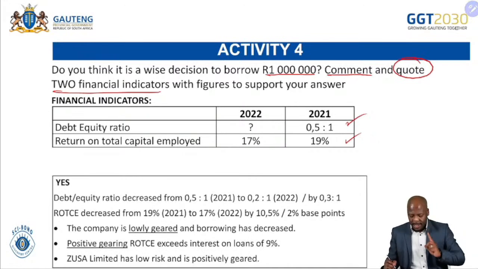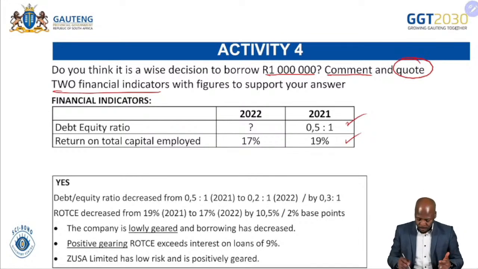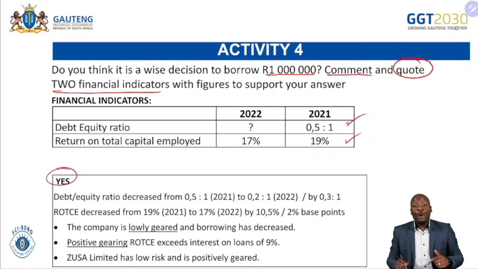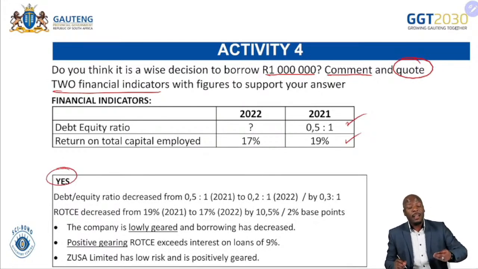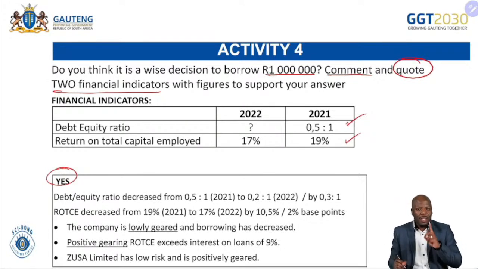Do you think it was a wise decision? So your first answer has to be either yes or no. Yes. So you don't start explaining why you're supporting the yes, and then at the end say, yes, it was a wise decision. Most of you start by doing that. You start explaining the debt equity ratio decreased, therefore it was a wise decision. No, make it easy for the person who's marking your paper. Yes, give us the supporting evidence now.